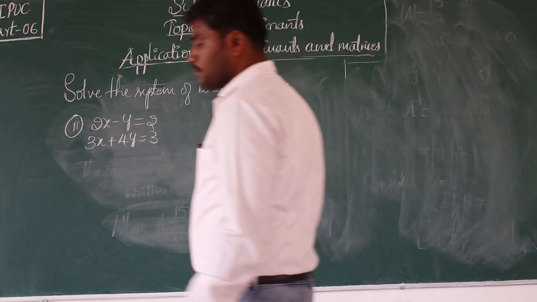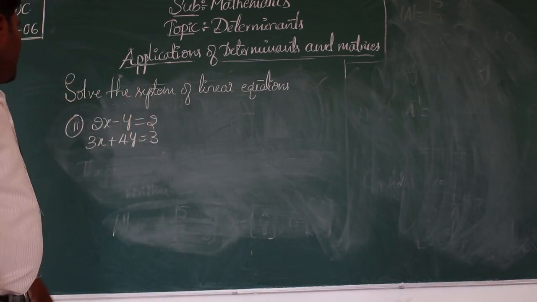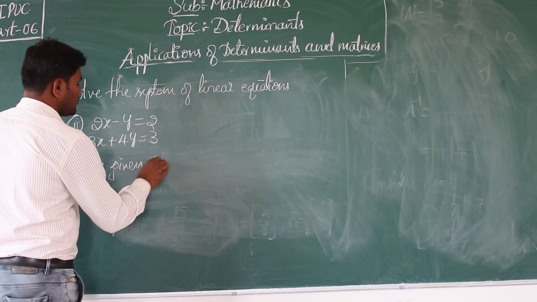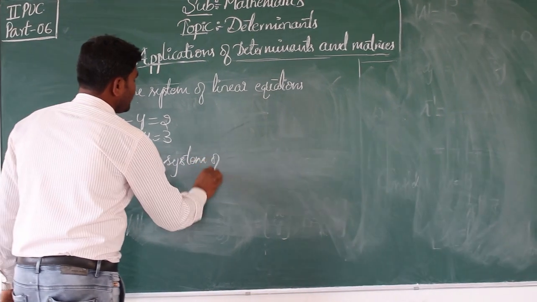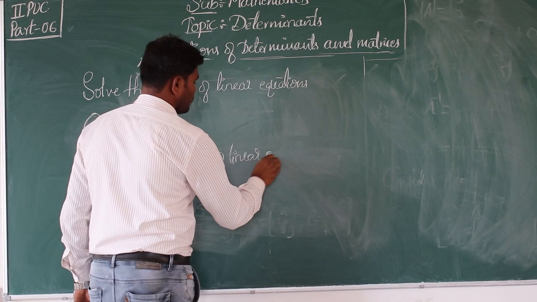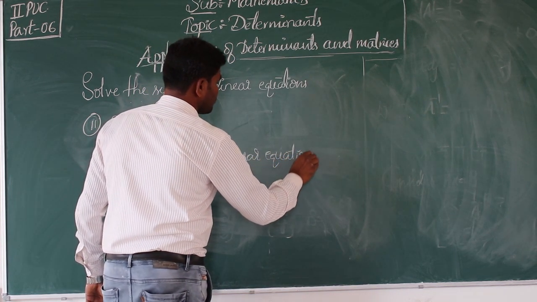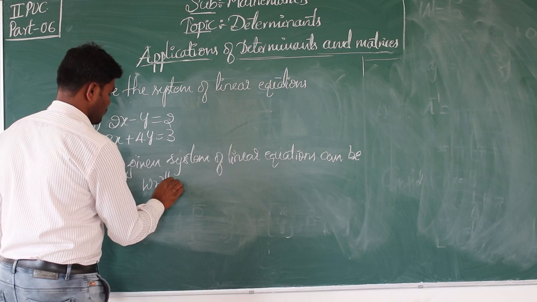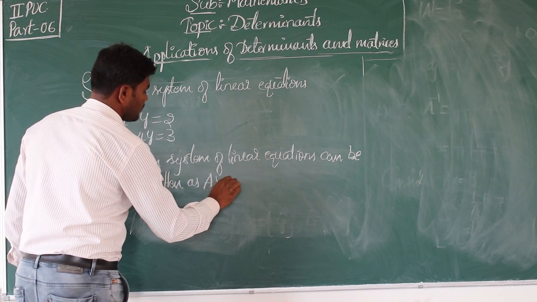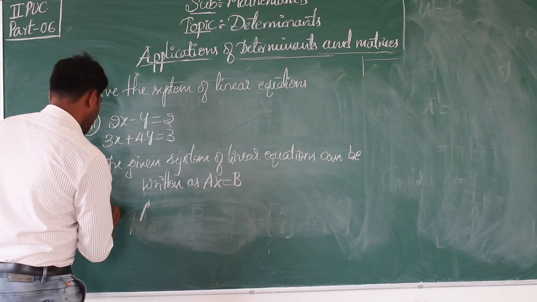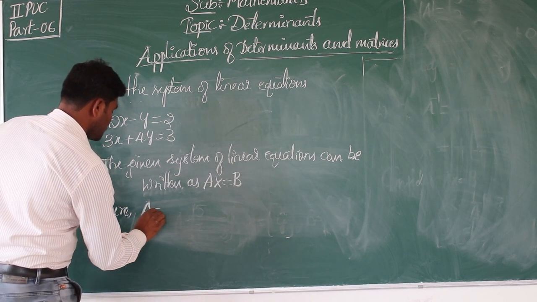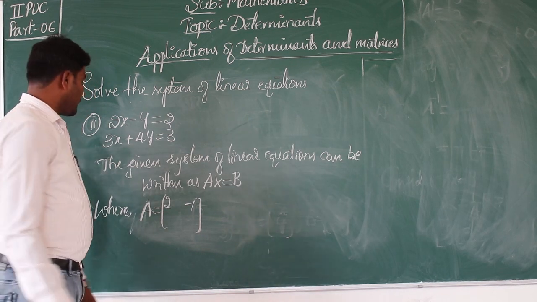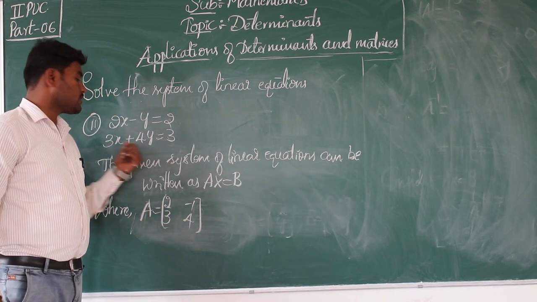First, here also the same. The given system of linear equations can be written in the form Ax is equal to B, where A means the coefficient matrix, of order 2, with the coefficients of xy in the first equation 2 1 and in the second equation 3 4.